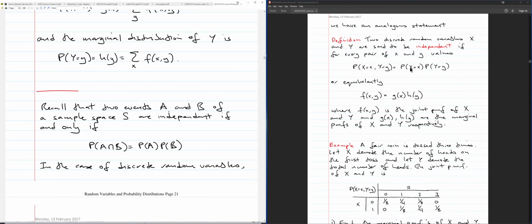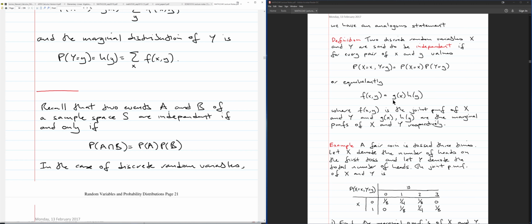Recall that the probability x is equal to x you can get from your joint PMF as a marginal distribution. Given a joint PMF, this is a marginal distribution over here, and likewise the probability y is equal to y is a marginal distribution over here.